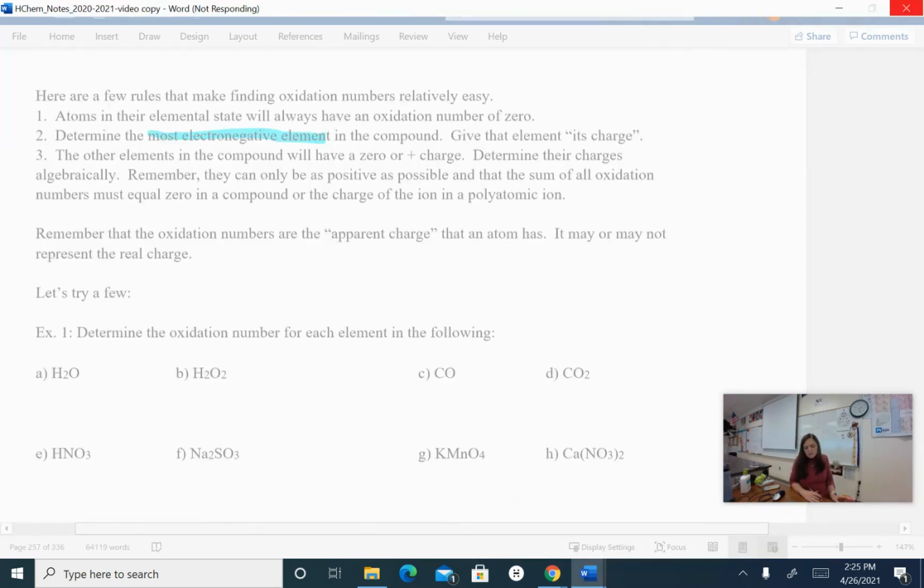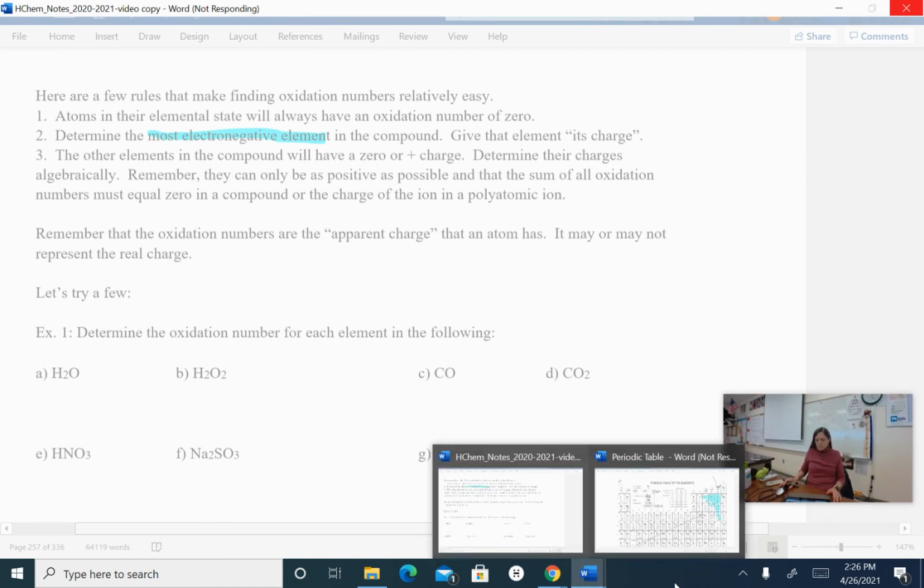So just remember, this oxygen is going to be -2.